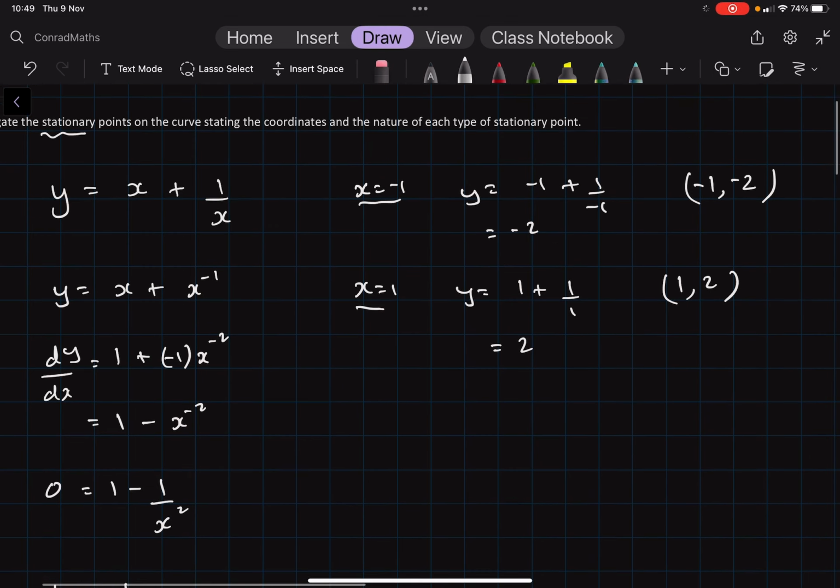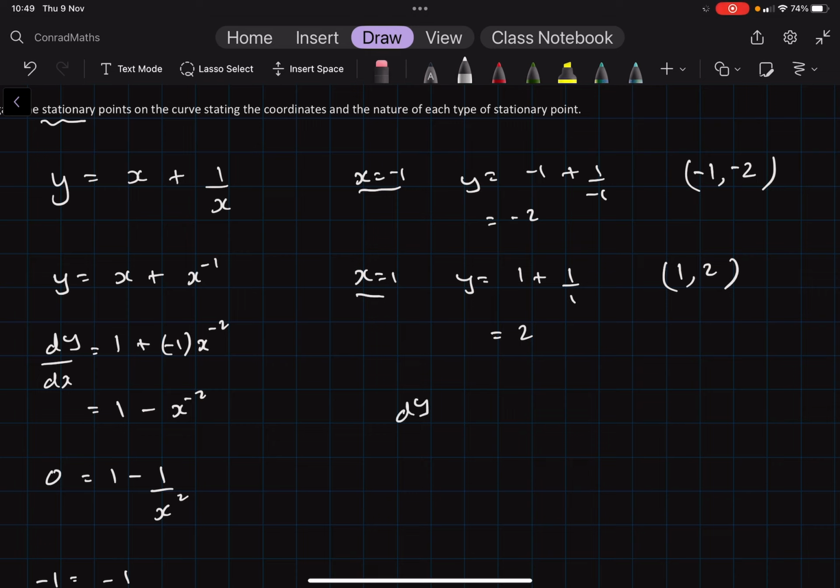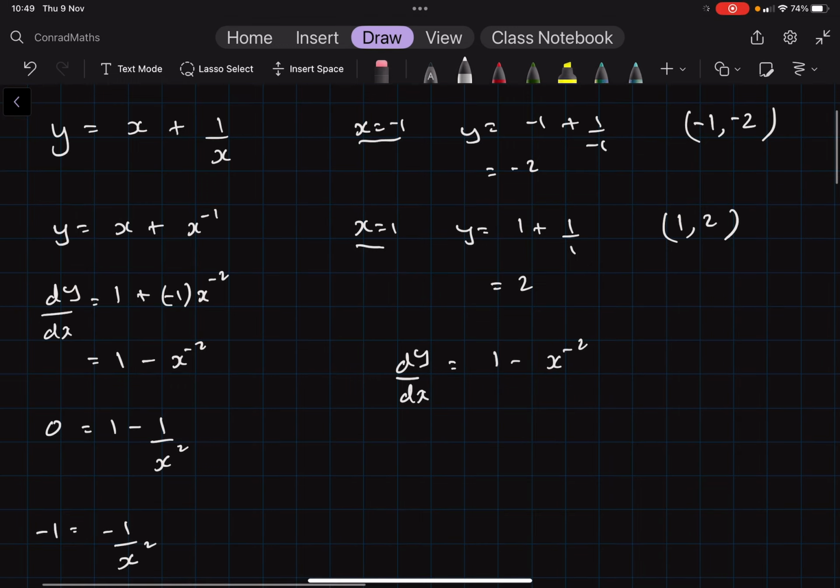Okay, so we need to investigate the nature of those turning points. Is it a maximum or minimum? So just to remind you, dy/dx was 1 minus x to the negative 2, and we're going to differentiate again. And when we differentiate again, the 1 disappears.